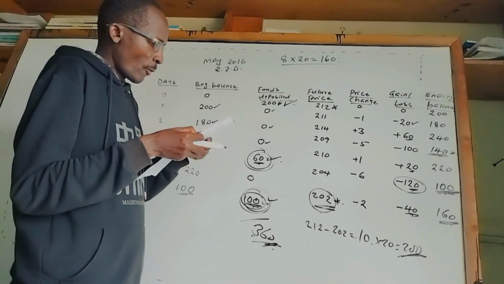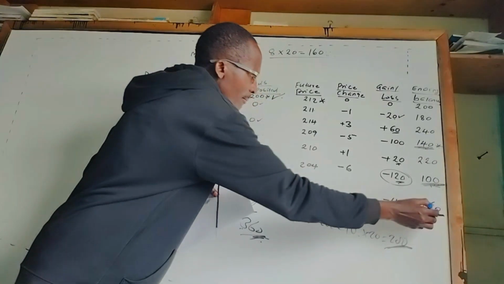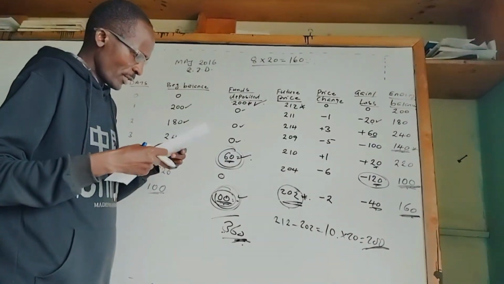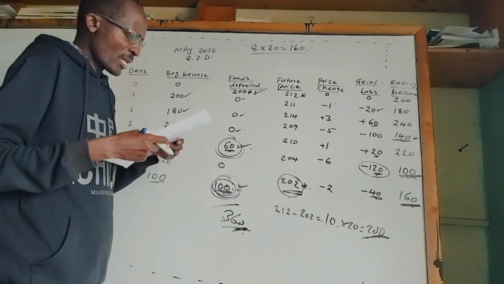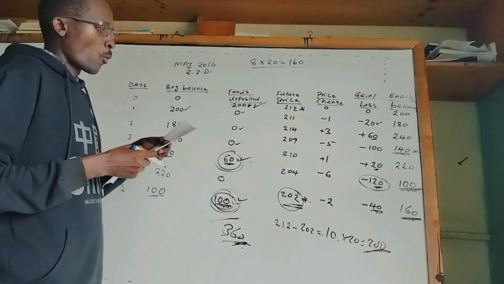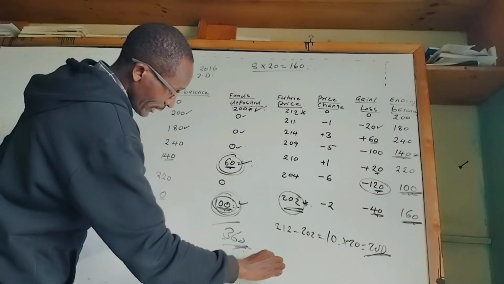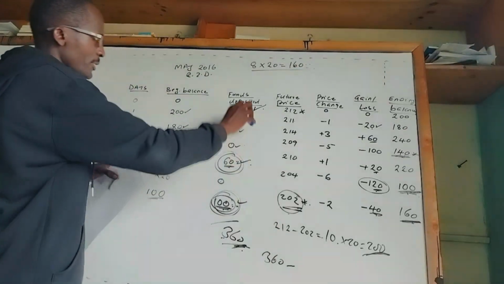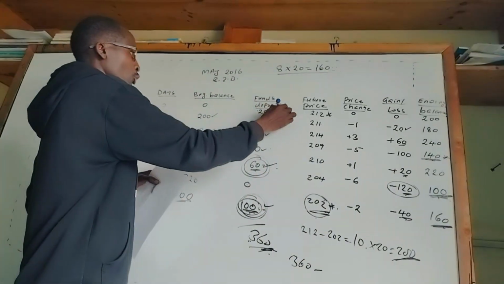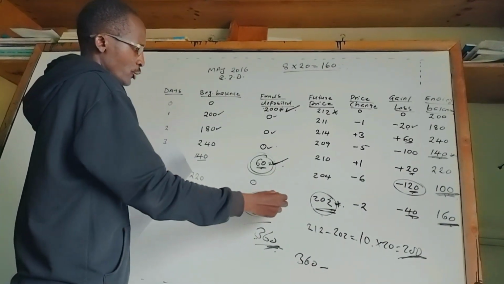The ending balance, however, is only $160. So this is the ending balance which you have there at day 6. Thus, what is the total loss that you have incurred? You started by depositing $200, then 60 and 100.